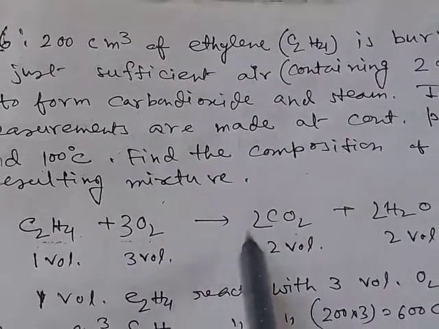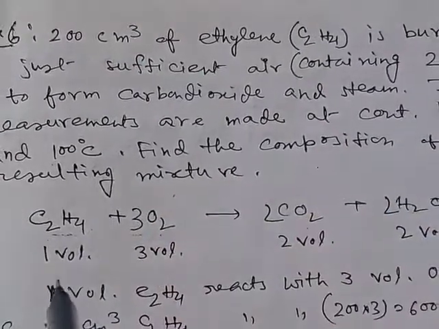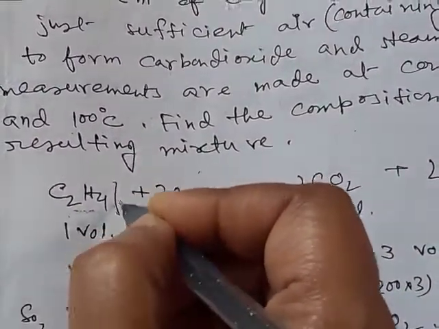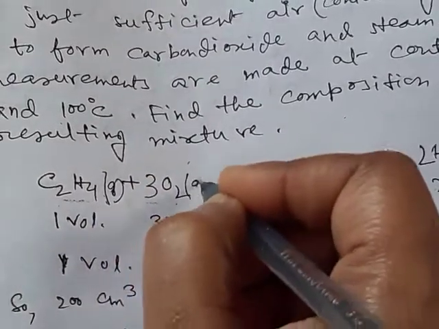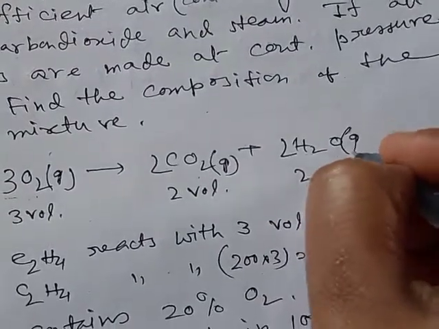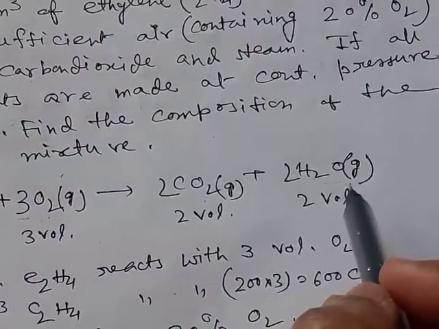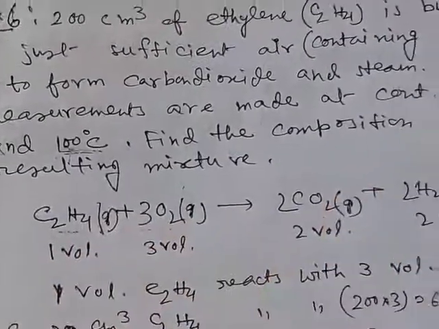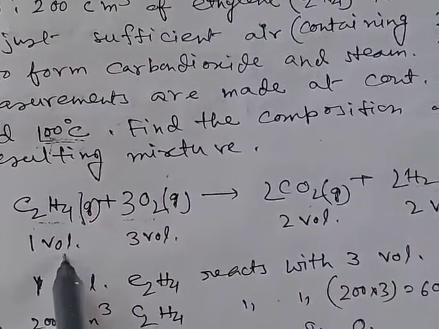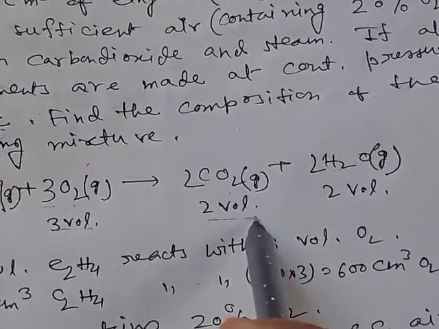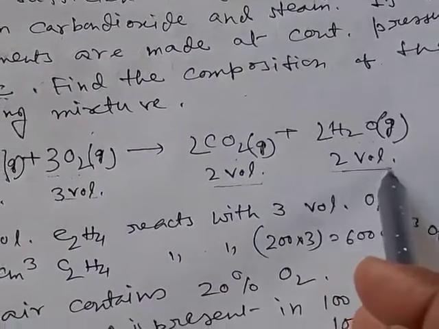This is the balanced equation, and from it we can observe that ethylene is a gas, oxygen is also a gas, carbon dioxide is a gas, and water is in vapor form, that is gaseous form, as the temperature here is 100 degrees. So 1 volume of ethylene reacts with 3 volumes of oxygen to produce 2 volumes of carbon dioxide and 2 volumes of steam.